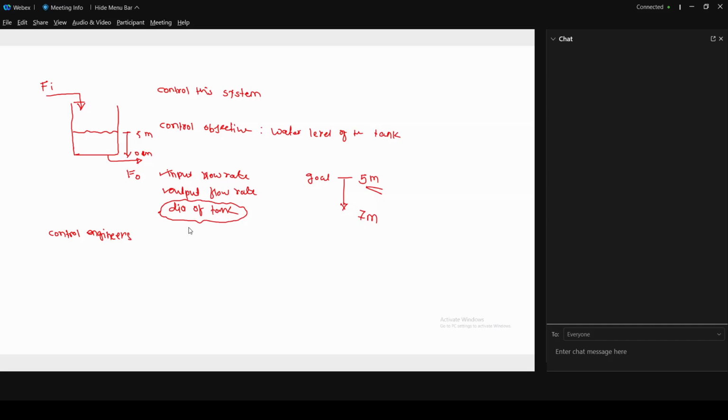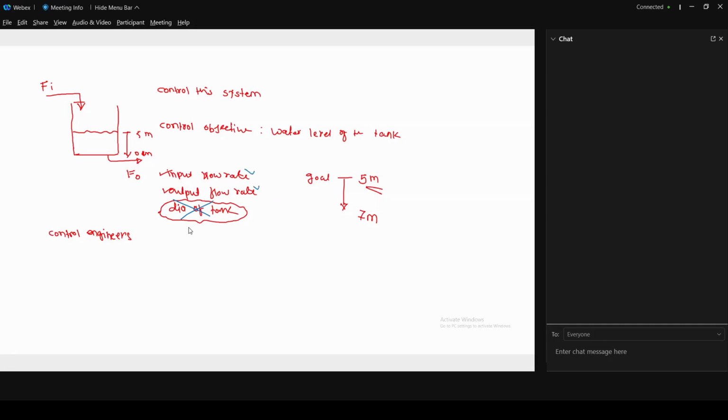So the diameter of the tank is not a viable option here for changing the water level. Now, I can pick the two: the input flow rate and output flow rate.